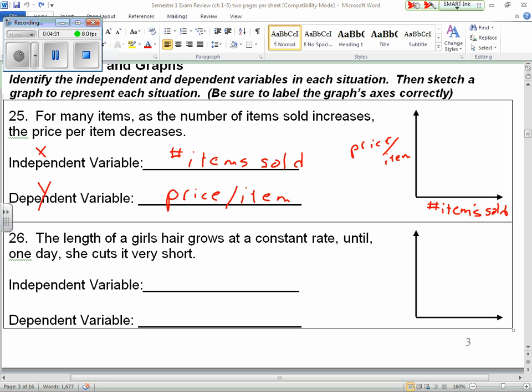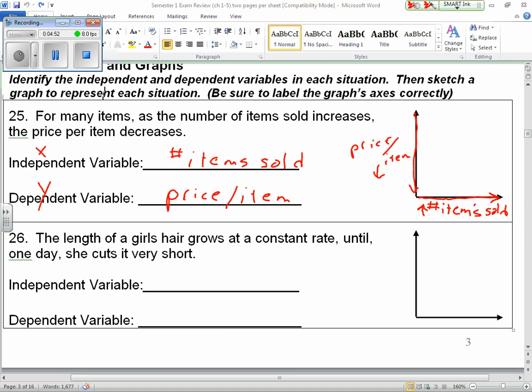So as the number of items sold increases, the price per item decreases. As this one goes higher, as we go farther along the x-axis, we should be going down along the y-axis.